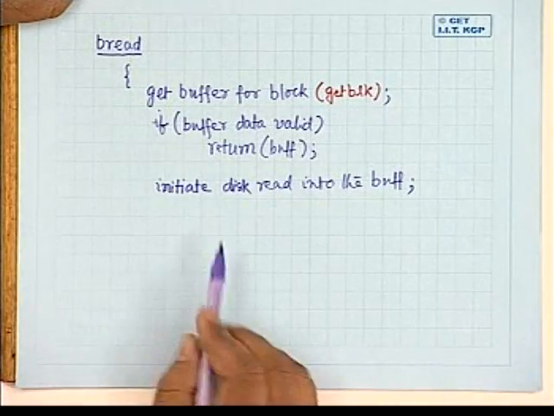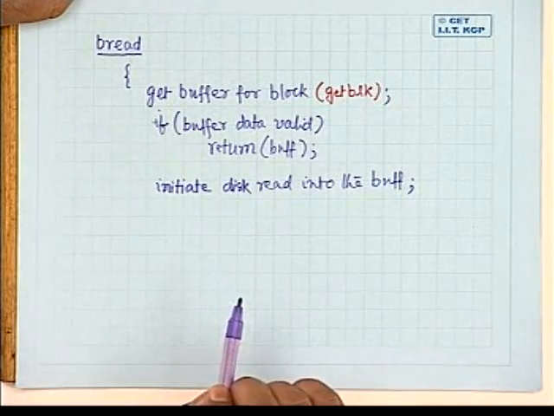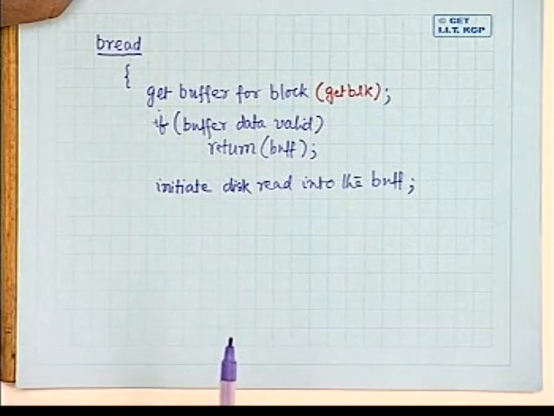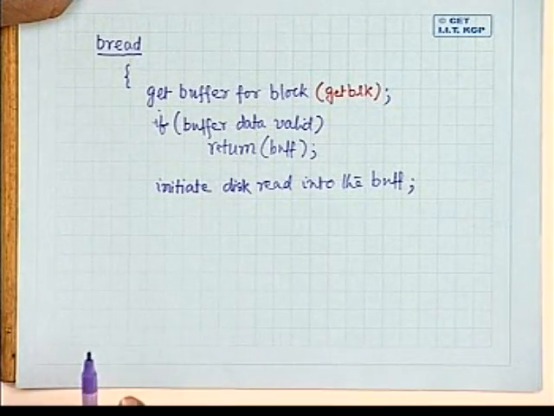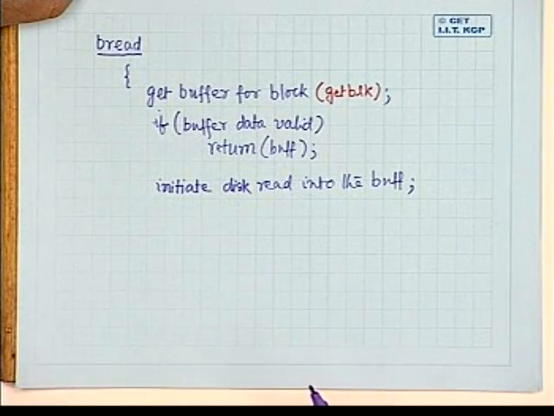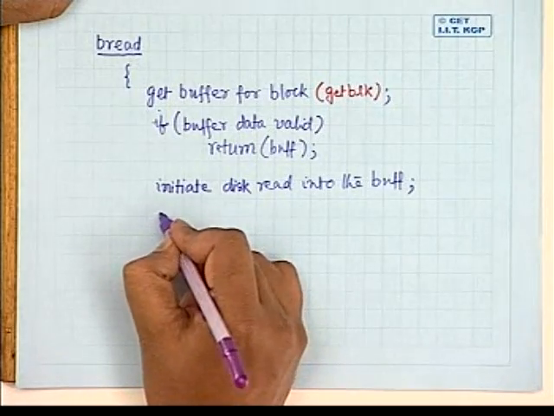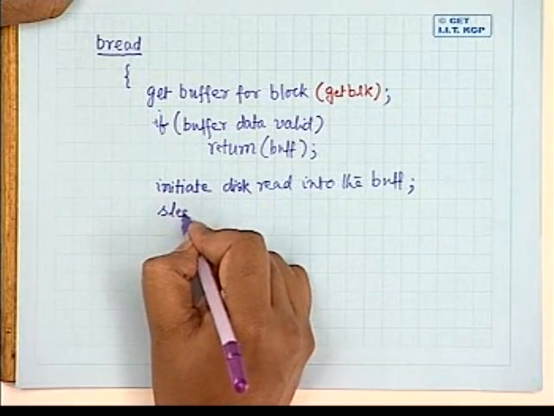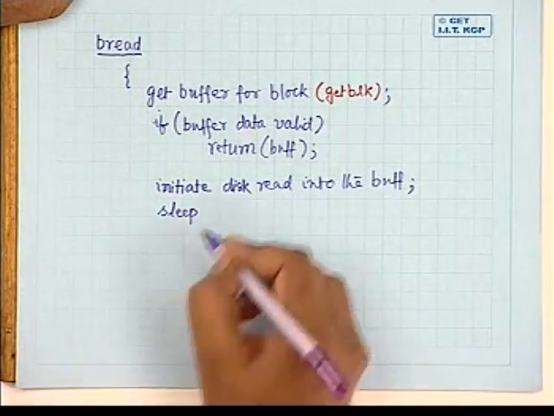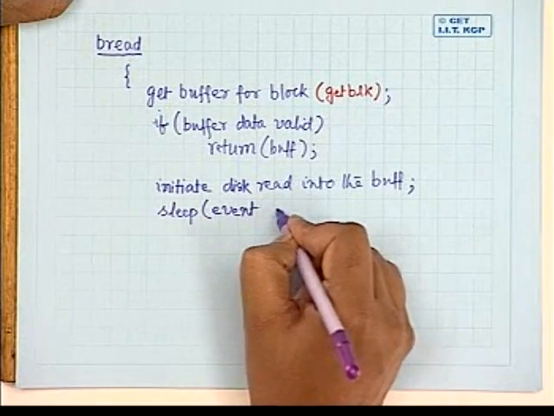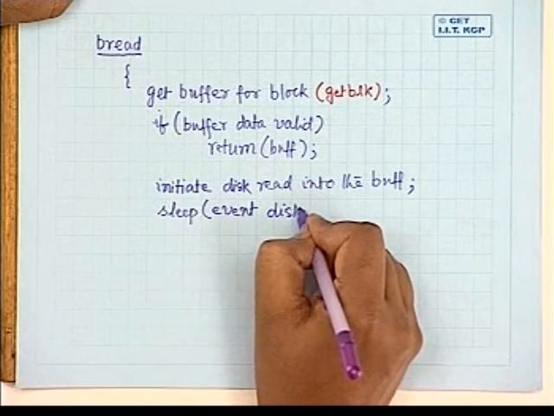And since the process has requested this block and the block has to be read from the disk, it initiates the disk read. And naturally, until this read is complete, the process cannot continue. The process cannot perform any other task. So the process has to go to sleep mode. This sleep is again for the process, on the event that disk read is complete.